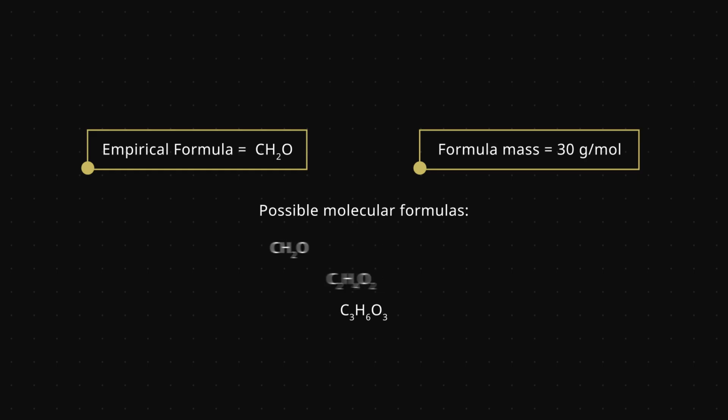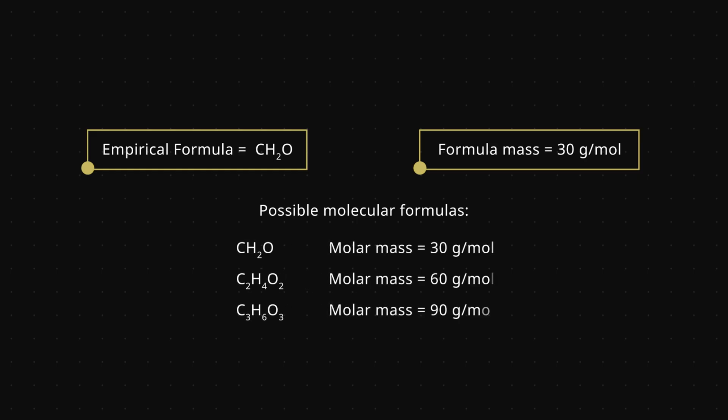When our first unknown sample is run through the mass spectrophotometer, we find that we obtain a molar mass of 30 grams per mole. This is equal to the formula mass. So, the molecular formula is not a multiple of the empirical formula. It must be CH2O, which is the molecular formula of formaldehyde. Our first unknown is therefore formaldehyde.